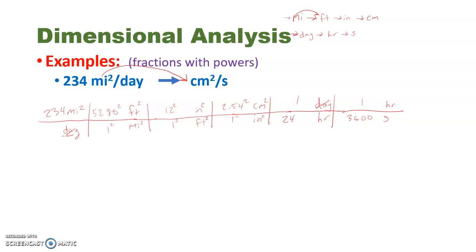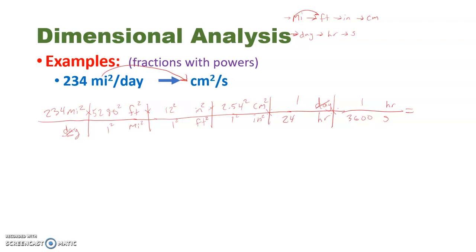So where are we at here? Everything here is squared, so you're going to do 234 times this squared, times 12 squared, times 2.54 squared, divided by 24, divided by 3,600, and I did not calculate that ahead of time.